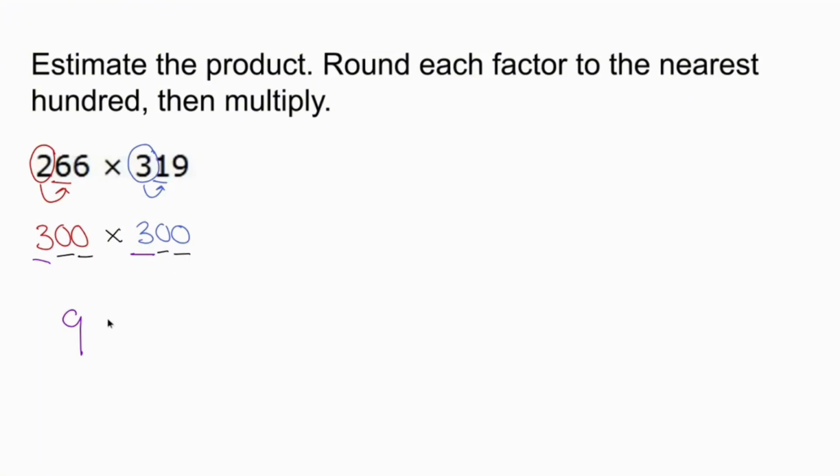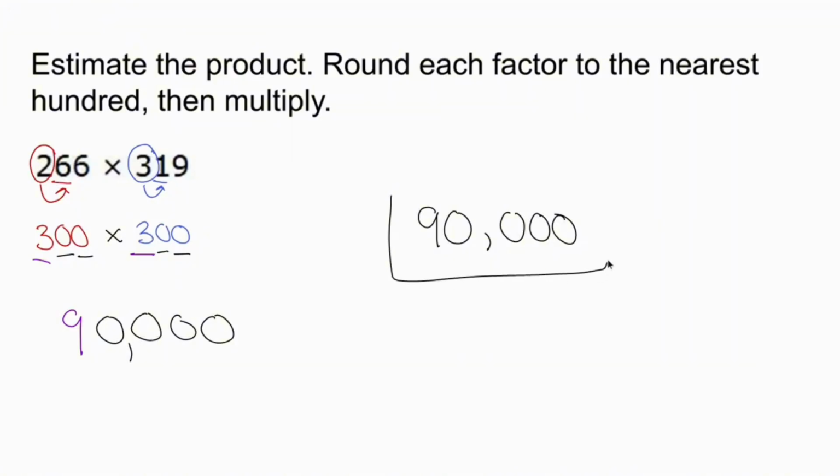So I'm going to attach 1, 2, 3, 4 zeros at the end. So we count 1, 2, 3, put a comma there. And when we multiply 266 times 319, we can estimate that it's going to be around 90,000. That's not the exact answer, but it's a decent estimate, and that's what we got here.